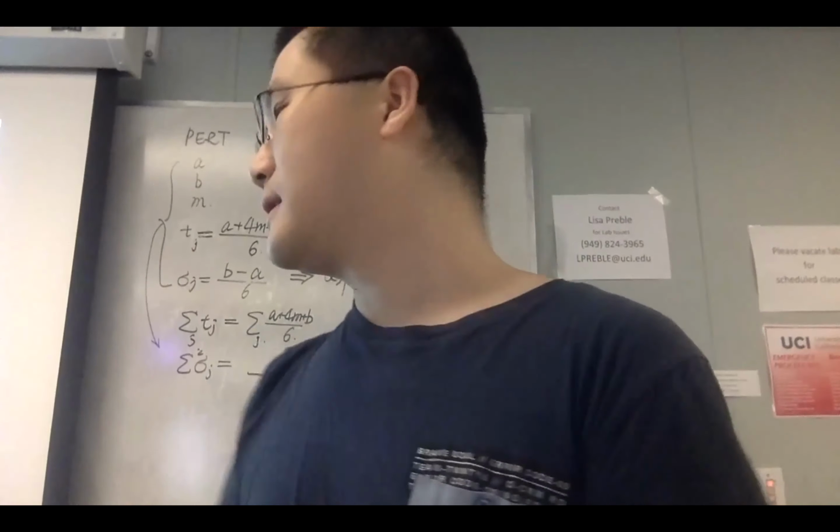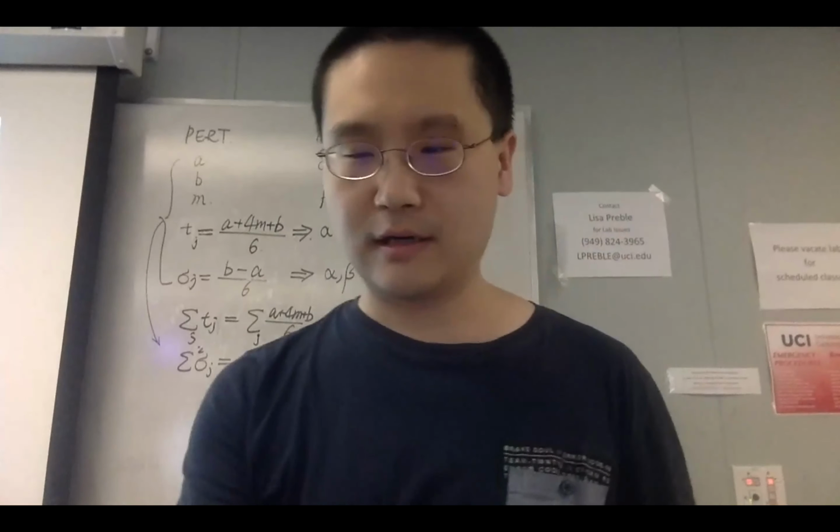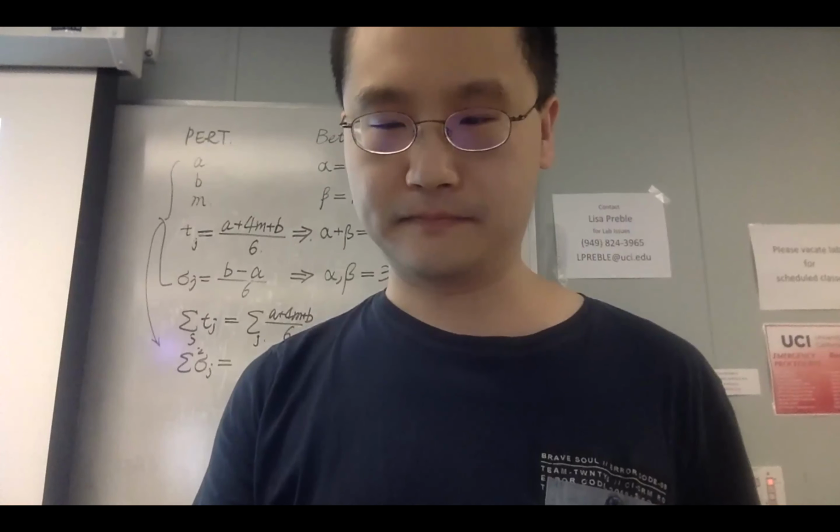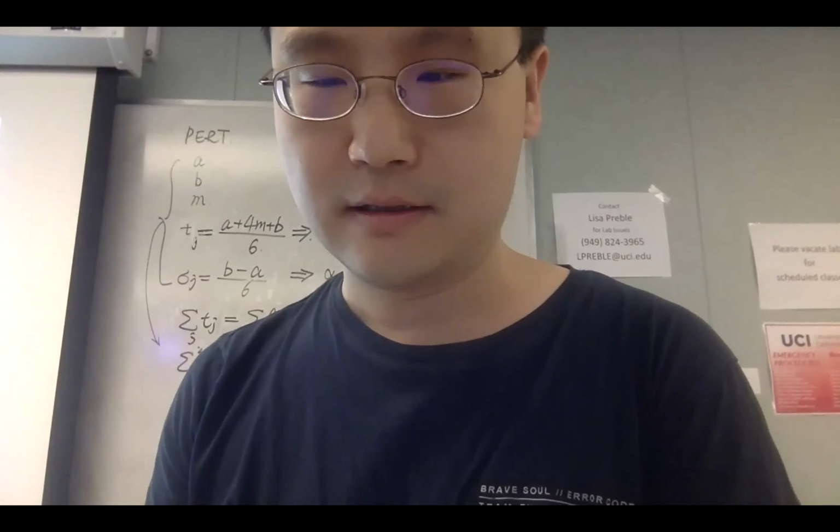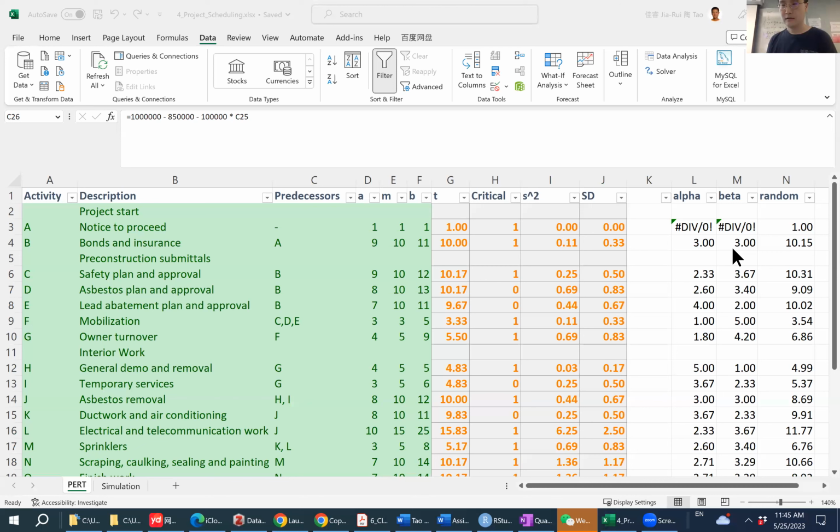So here, continuing with where I completed last time, we already calculated all the other columns that are in the gray area. That's the expected duration, whether it's on the critical path, and the standard deviation and variance.